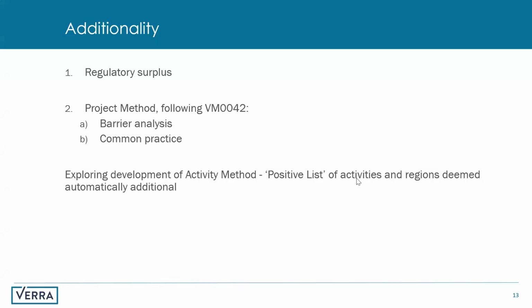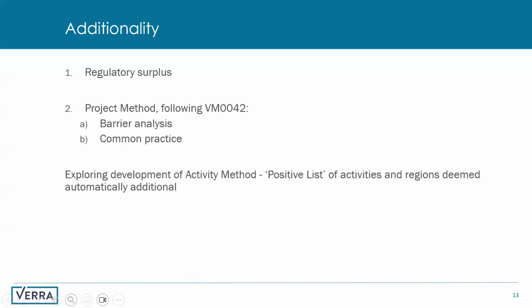We're studying whether we can collate enough data at this point to identify specific practices. Maybe it's region specific, so AWD in one particular country, for instance. If we're able to do that, we may create a positive list of combinations of region and practice for which we have sufficient data to show that they should be deemed additional, and it would not require the project developer to demonstrate that that region and practice was included in their own common practice assessment.